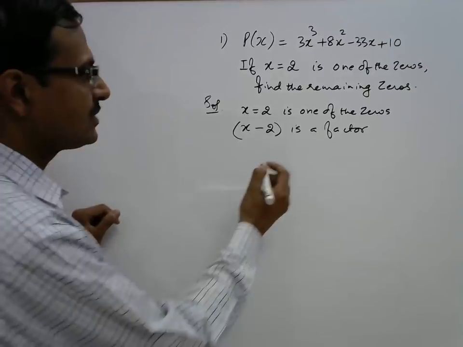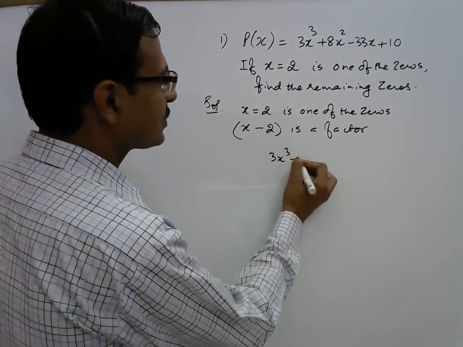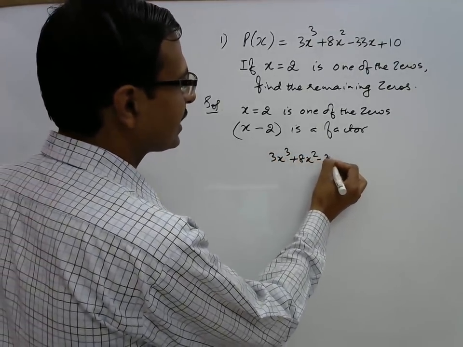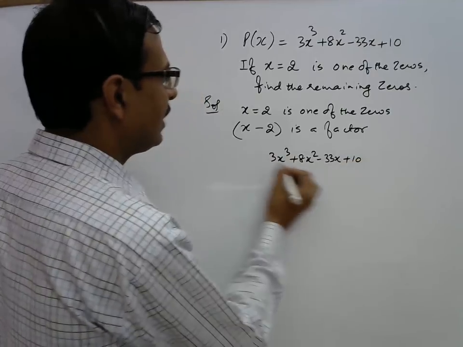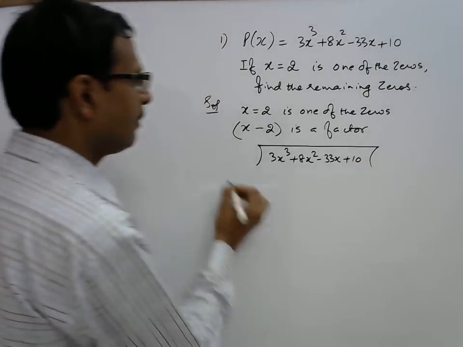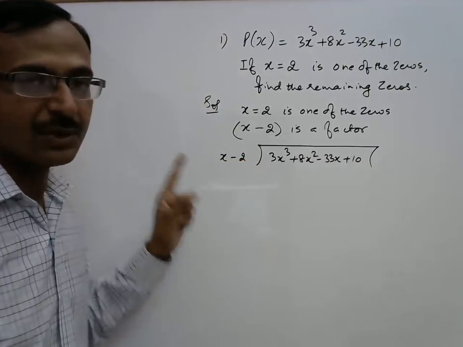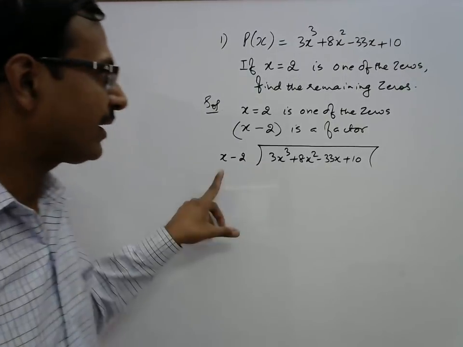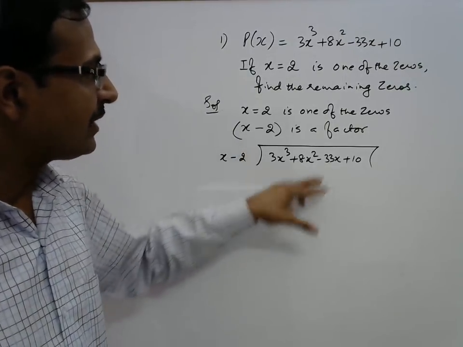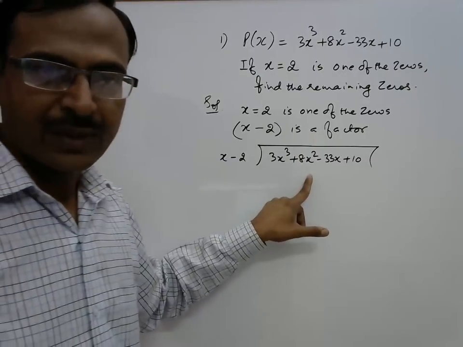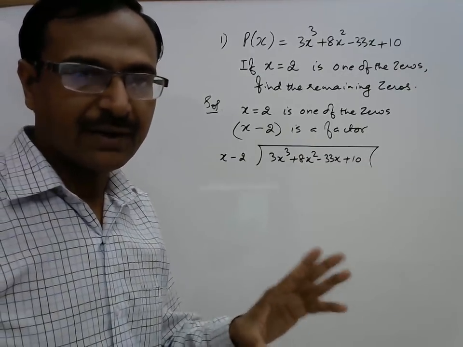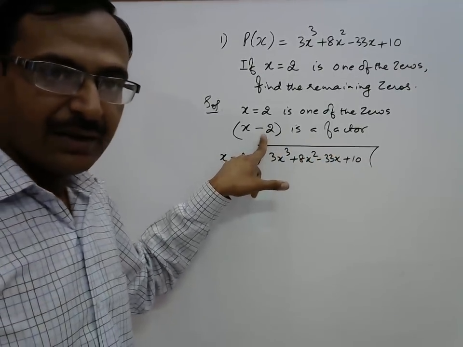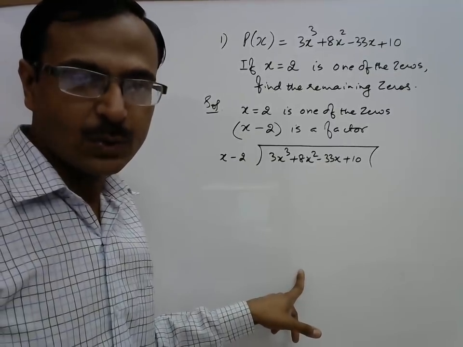Now what we will do is take the entire polynomial 3x cube plus 8x square minus 33x plus 10 and try to divide it by this factor x minus 2. We have already found one factor, so we will be dividing the polynomial with this factor now. If you have found the factor correctly, then the remainder should come out to be 0.